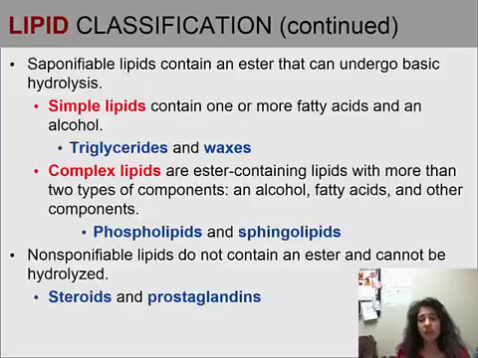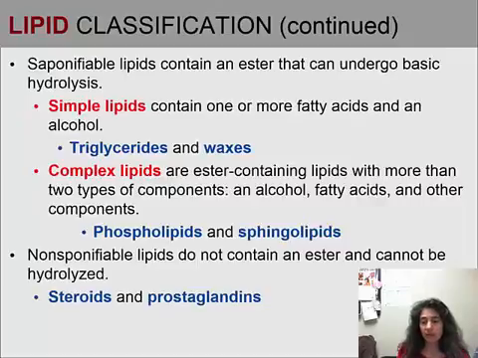So now focusing on our saponifiable lipids, we've talked about how we're in base solution, or NaOH, KOH, hydrolyzing them, so breaking apart that ester linkage to go back into our carboxylic acid and whatever else we're producing. So our simple lipids, our triglycerides and waxes, are saponifiable.